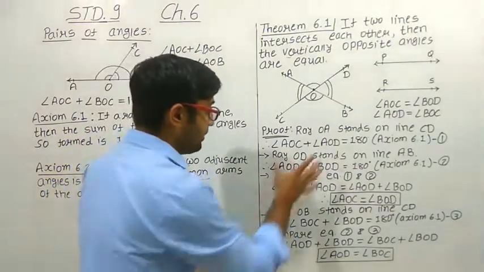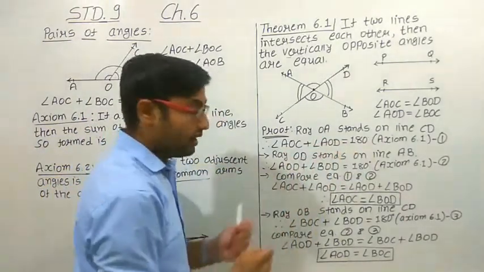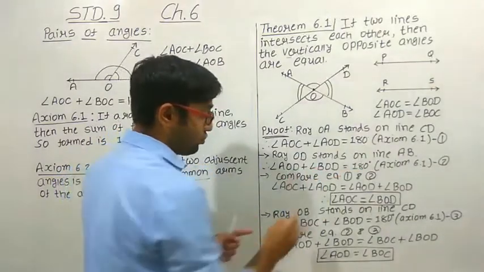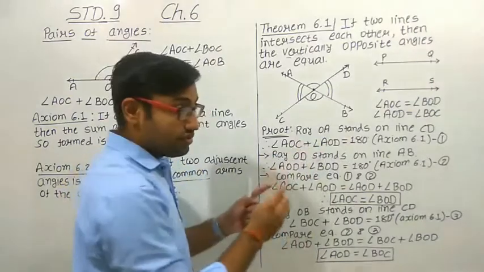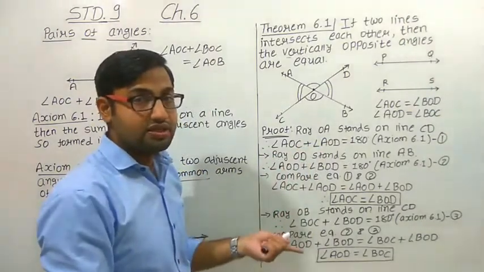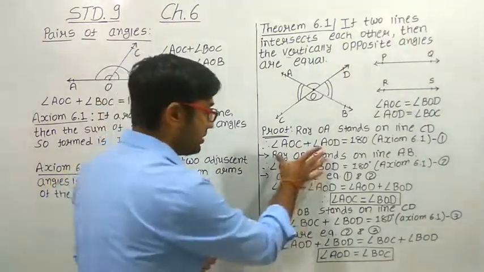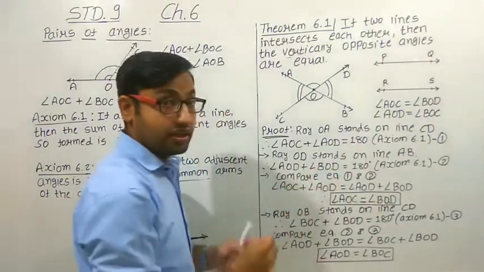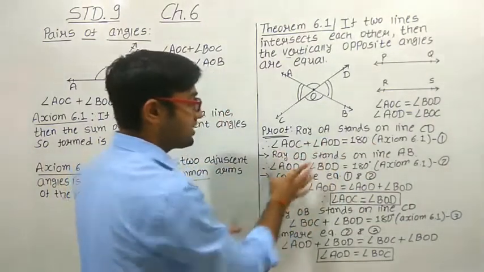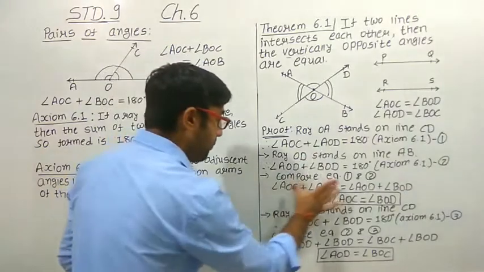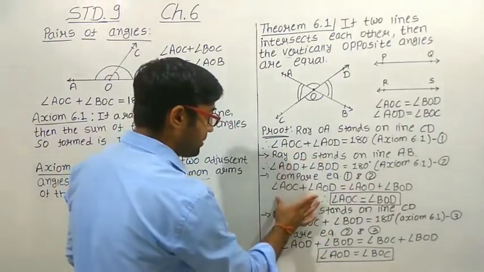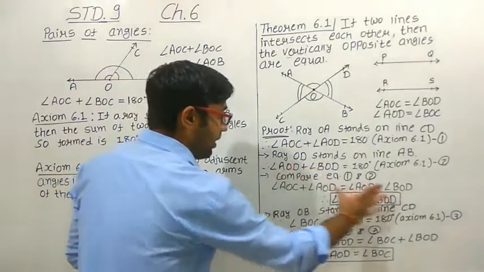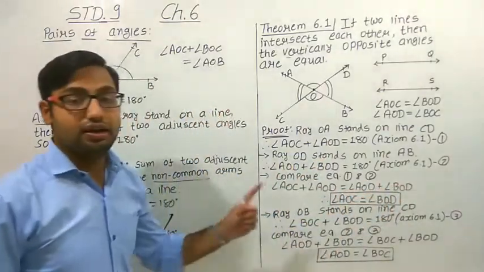Now see, the left hand side of this equation equals 180 degrees. The left hand side of this equation is also 180 degrees. So things which are equal to the same thing are equal to one another. Yes, this equals 180 degrees, this equals 180 degrees. That means both these left hand sides are equal. So by comparing equations number 1 and 2, we get angle AOC plus angle AOD equals angle AOD plus angle BOD.